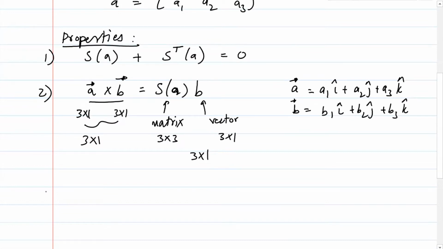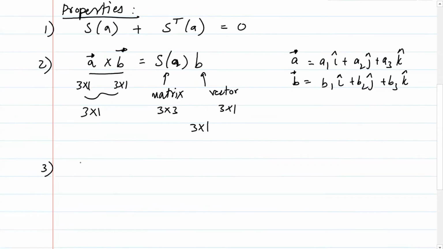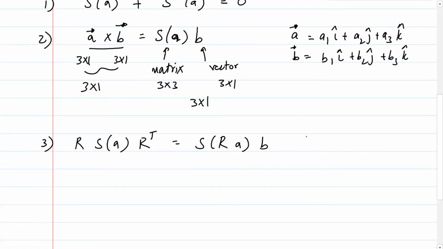And then the third property, which I'm not going to prove, is that R times S of A times R transpose, where R is a rotation matrix, can also be written as S of R of A. This only holds if R is a rotation matrix.